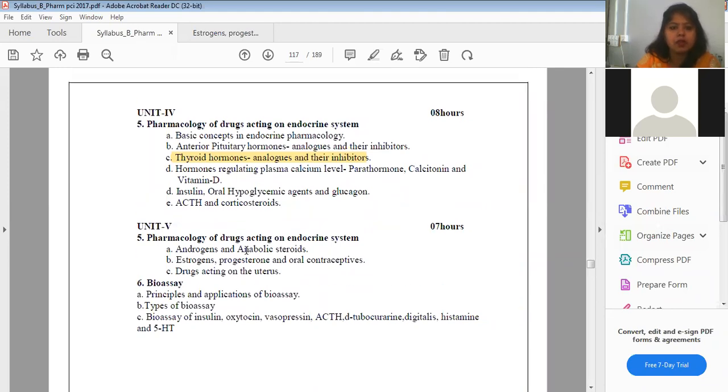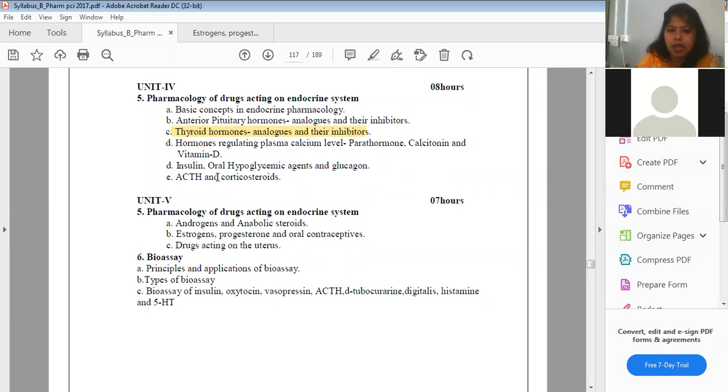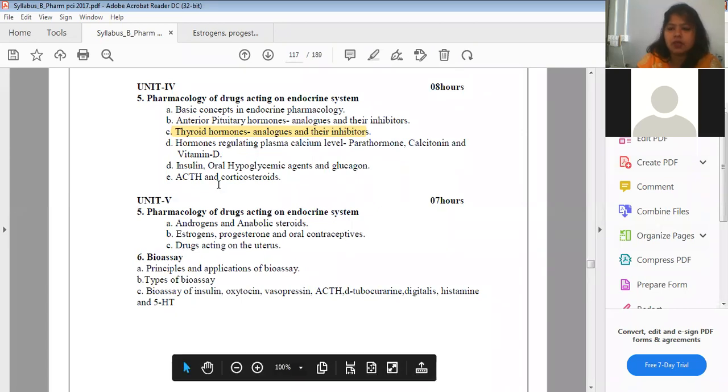I have these section notes on my email: estrogen, progesterone, and oral contraceptive. So we will start with this. Then when time permits, we will start with unit number 4, or maybe Kale sir will continue unit number 4. So from today we will start with estrogen, progesterone, that is unit number 5.